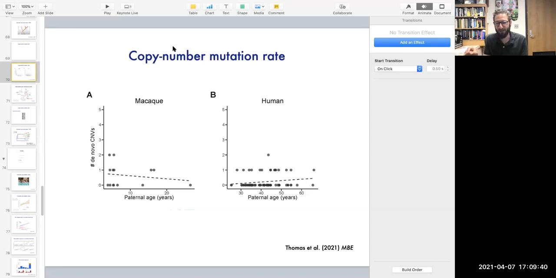And when you get a burst of TEs, you tend to get a burst of changes in copy number of the rest of the nuclear loci. And so it seems to us like what's going on in the hominoids is that bursts of TEs have led to temporary bursts in the rate of CNV formation. Hopefully that answered your question. But it's complicated and it's hard to measure. Thank you.